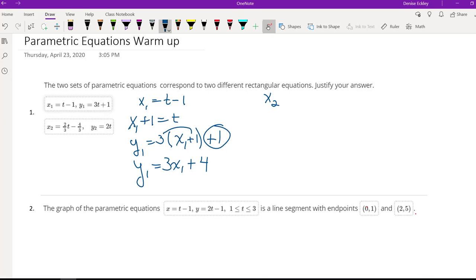So taking x2, and I'm going to solve it for t, so I'm going to multiply everything by 3 first. Add the 4. And then divide by 2.